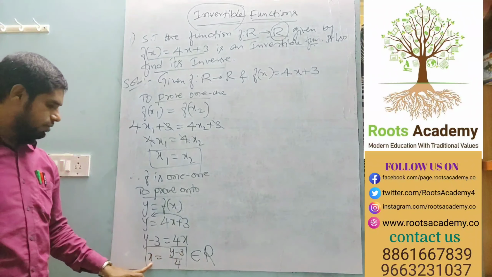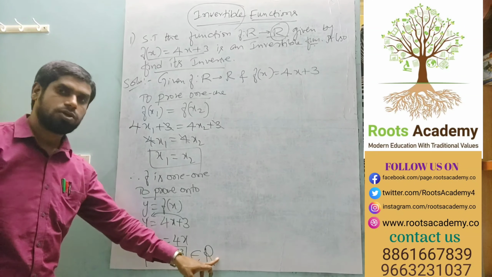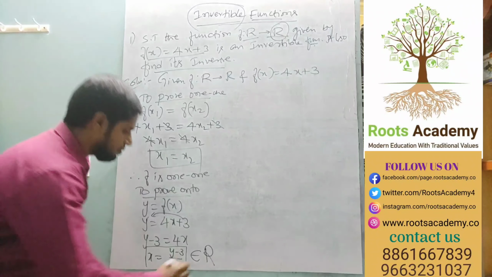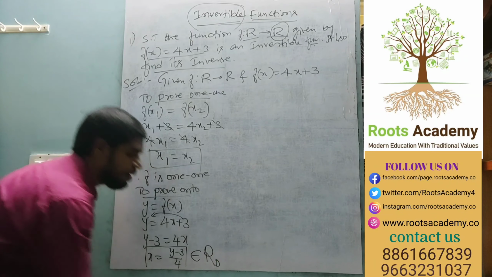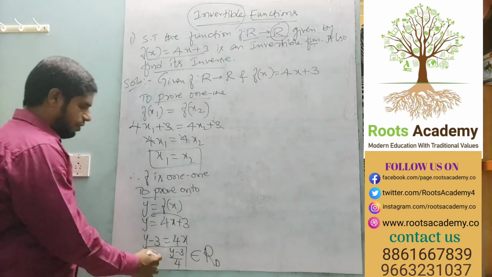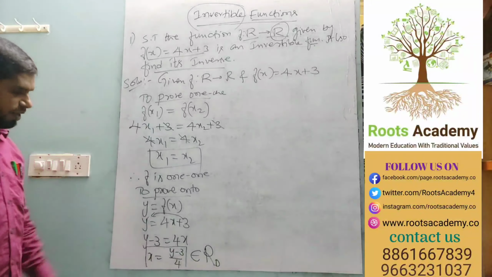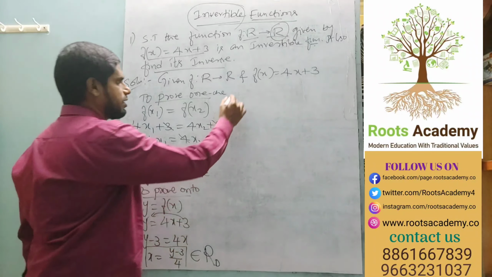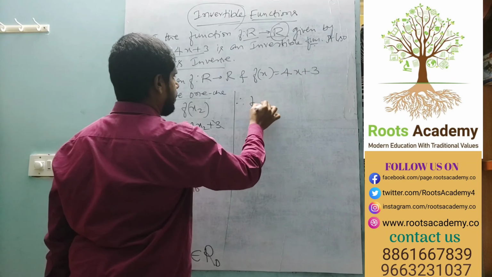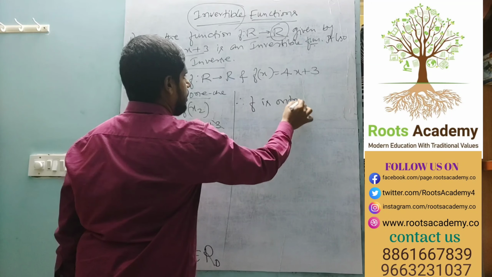So I write this complete value belongs to real numbers. This real number here is the domain real number, so for your reference I will write R D, D for domain here. Therefore f is onto here. F is an onto function. Therefore f is onto.